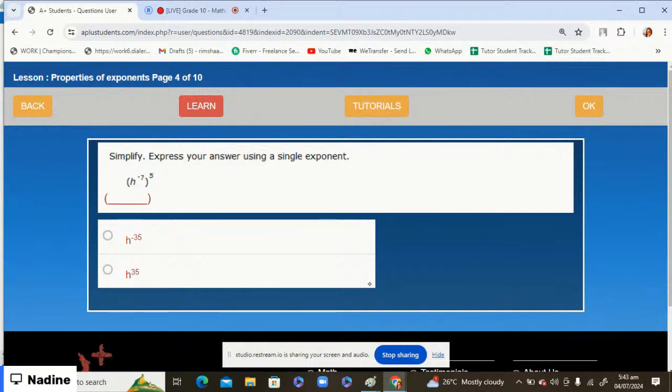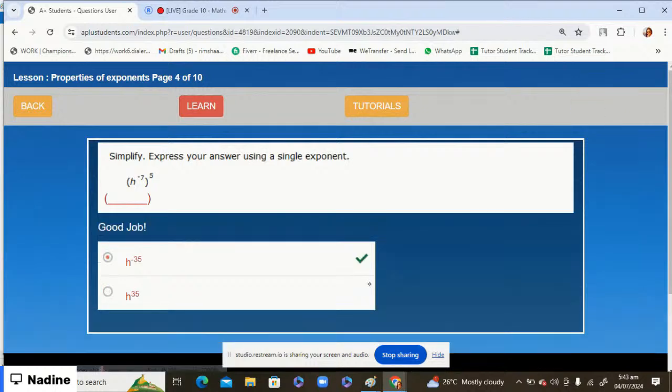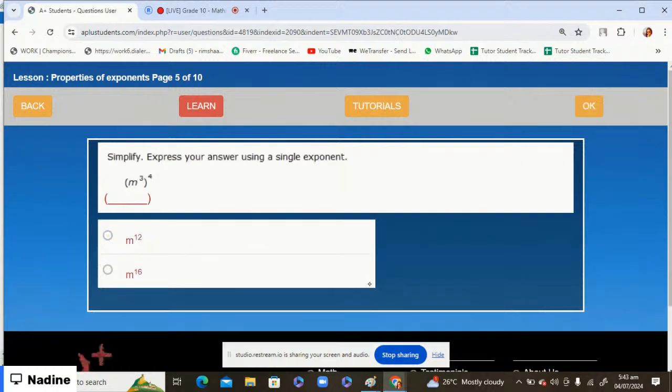Here, 7 times 5 is 35, but there is only one negative sign and one positive sign, so h power minus 35. Because plus minus is minus. Understand? These both are positive, so it's a positive answer. Simply 3 times 4 is 12.